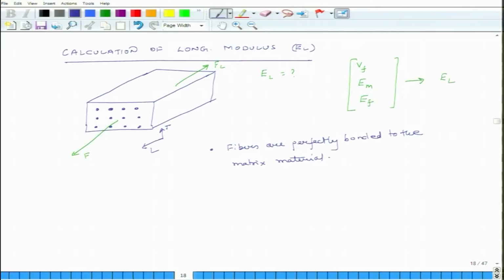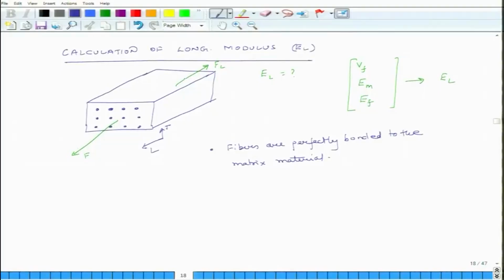The moment I say that, what that means is that when I apply the force in the x direction, this body has an original length L, and it will extend by some distance delta L. If the fibers are perfectly bonded to the matrix material, then the fibers, the matrix and the whole composite will expand by the same amount. If they are not bonded uniformly, if the fiber is loose, then the fiber will not expand, but the matrix will.